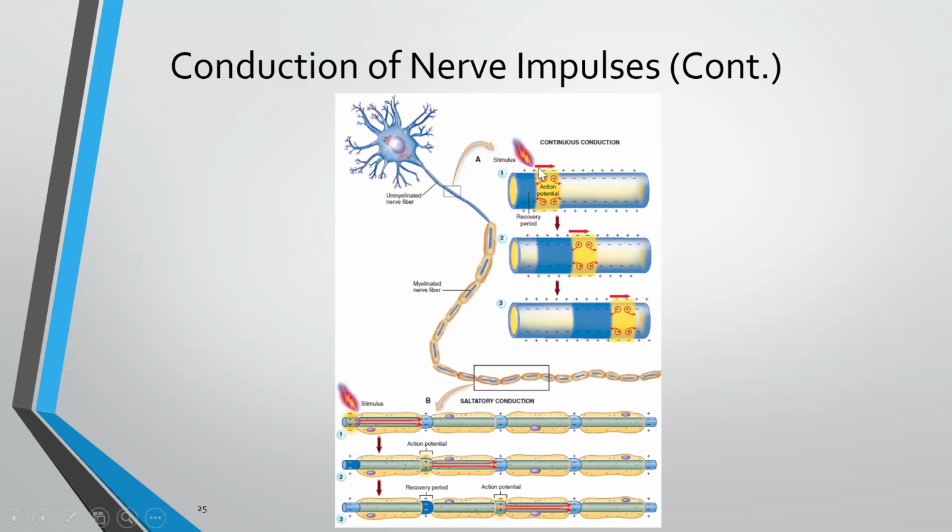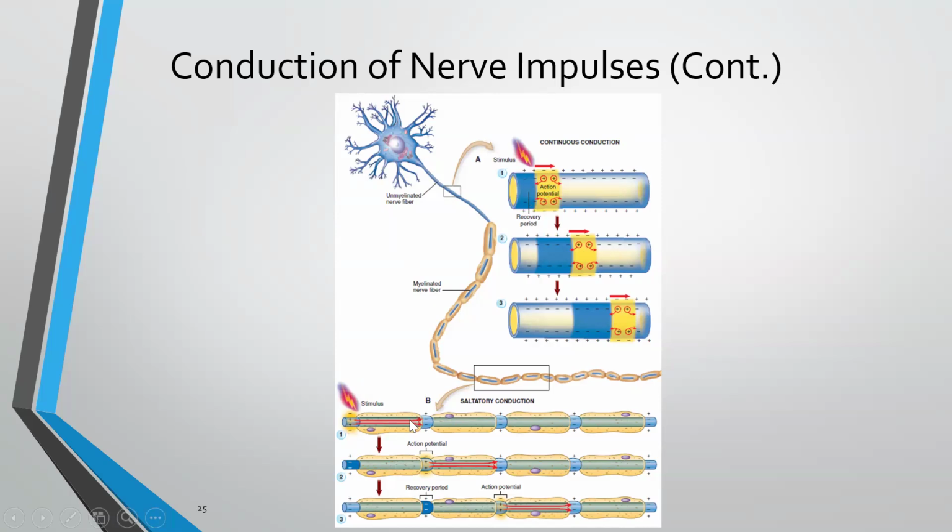So when you have positive sodium entering the neuron and some potassium exiting for the depolarization, it causes the action potential and that electrical signal to go down the length of the neuron here. So it starts here and then it keeps going all the way down.